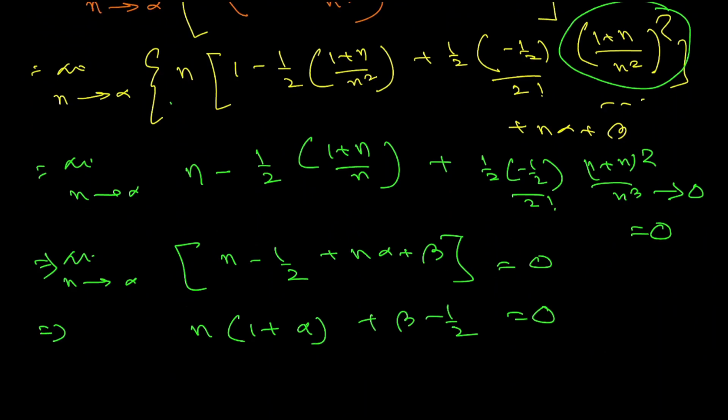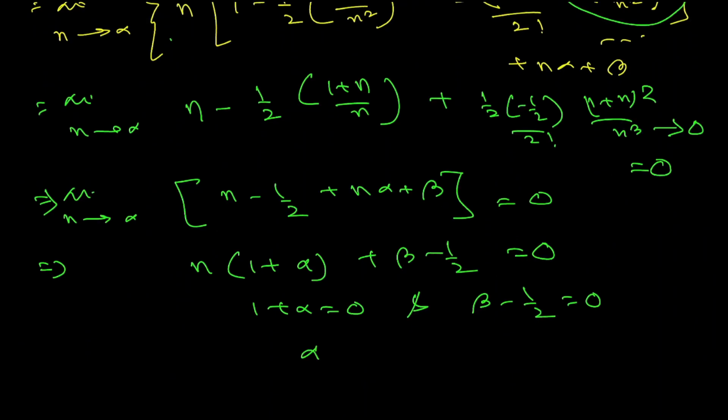It should be 0. Remember, to make it 0 as n tends to infinity, 1 plus alpha should be 0. Otherwise it will go towards infinity. That is why 1 plus alpha equals 0, and accordingly beta minus half equals 0. So alpha equals minus 1 and beta equals half.